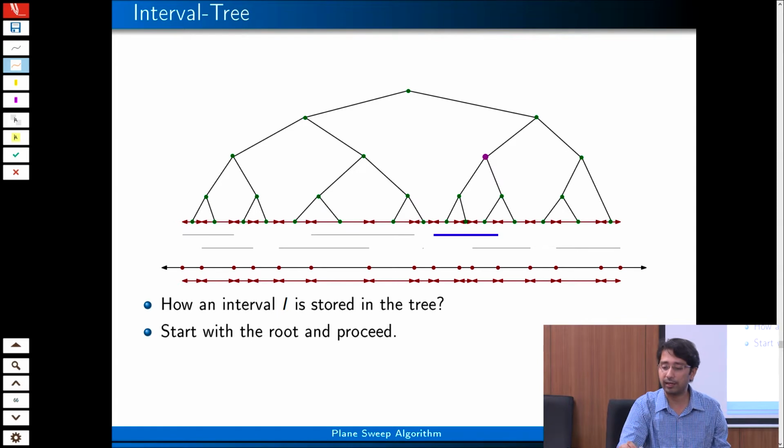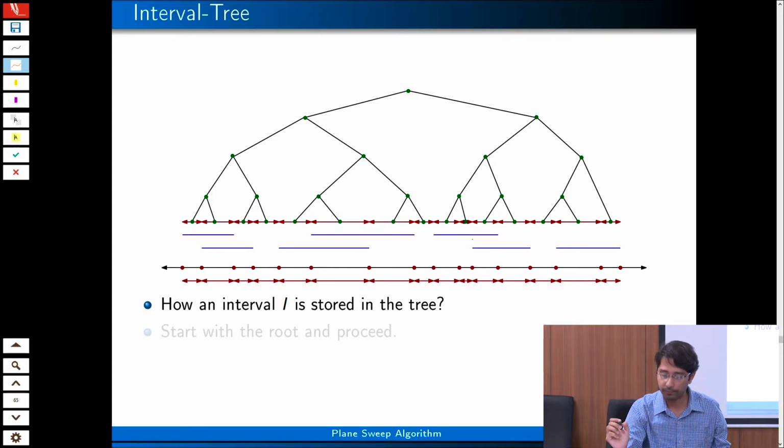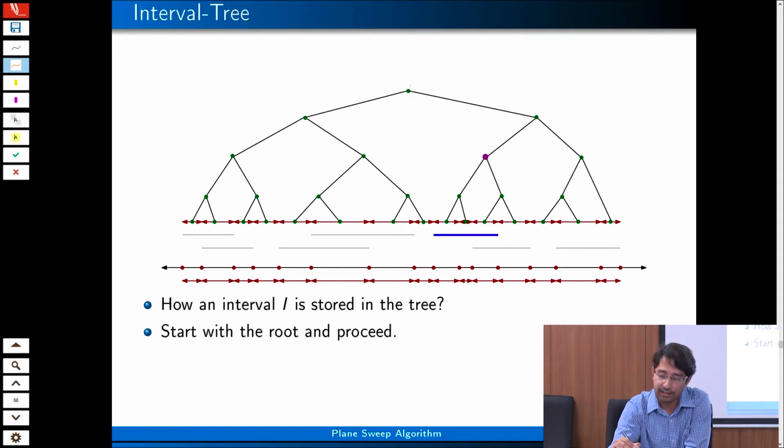Suppose I am trying to find out where to store this interval. We will start with the root node and check its two children, left child and right child. Does this interval participate in both the children? No. What is its left child? Left child is from here to here, and right child is from here to here.